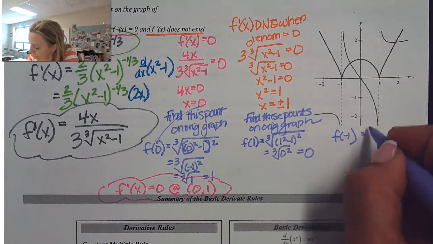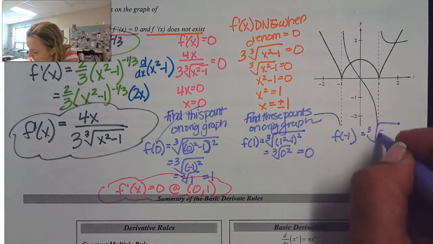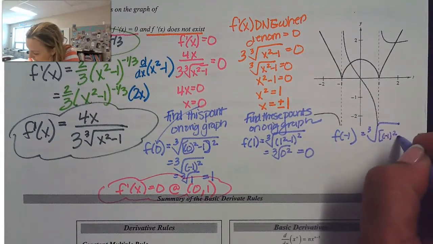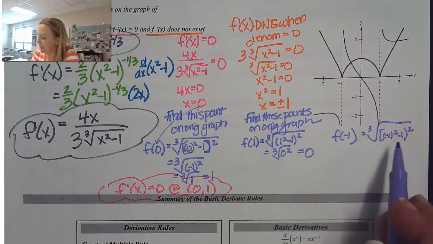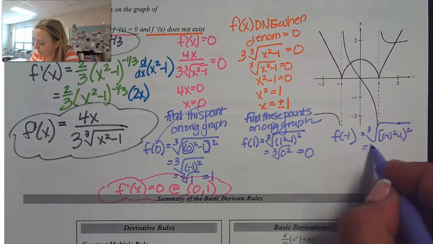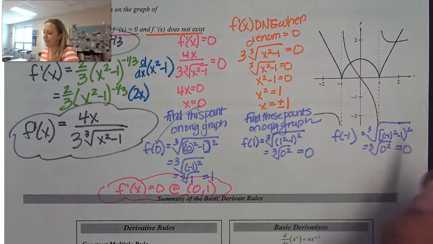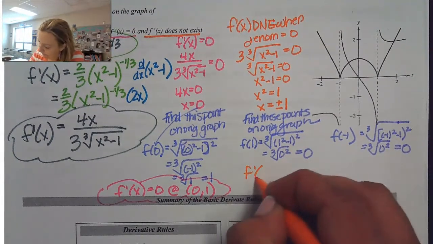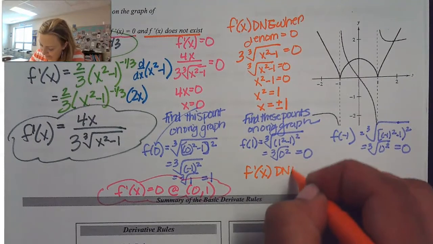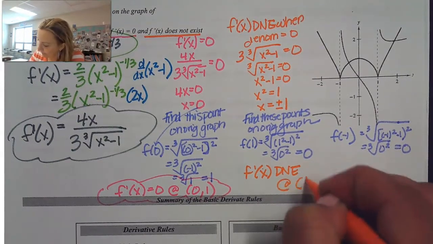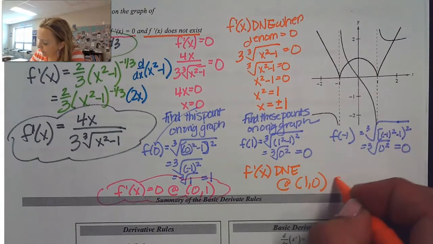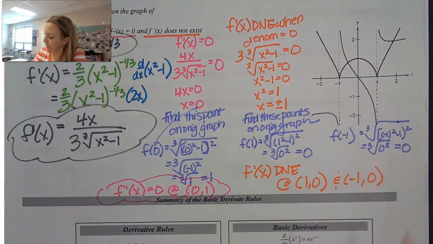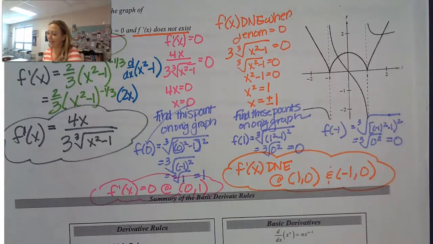And f of -1 is going to be pretty similar, huh? So this is going to be -1 squared minus 1, that quantity squared. So 1 minus 1 is 0. So the cube root of 0 squared, which is again going to be 0. So those would be points where the graph is undefined. So f prime of x does not exist at 1, 0 and at -1, 0. And that would answer those questions.